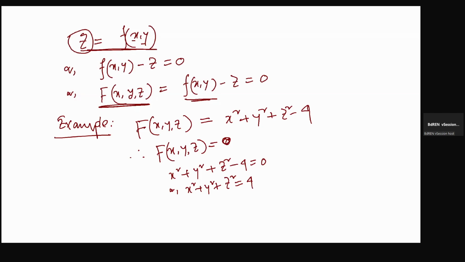Now we go for what is meant by the tangent plane and normal line to a surface. Go to the new page. Normal lines are equally important in analyzing surfaces.